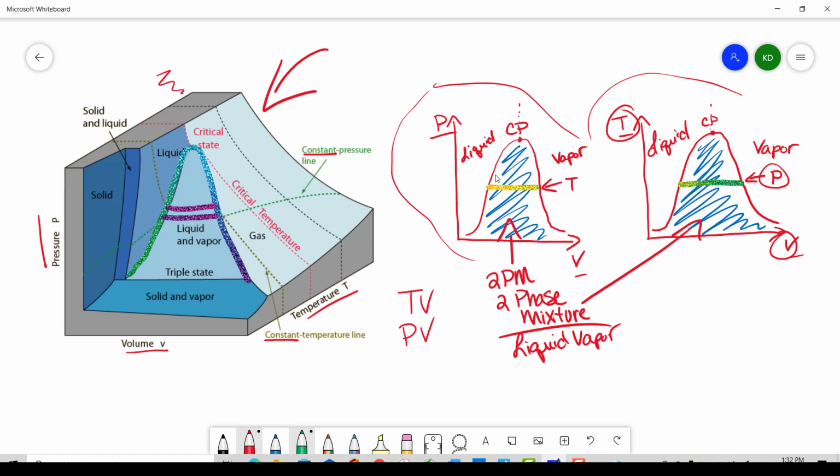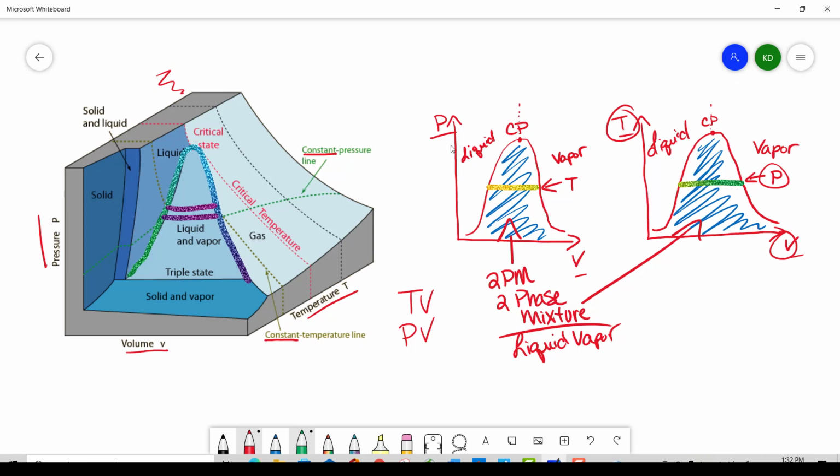It's just that we are changing whether we have it on the PV version or the TV version, okay? But we still have to represent this other constant line, okay? And so within here, you'll see it drawn differently. I'm not going to draw it out here.